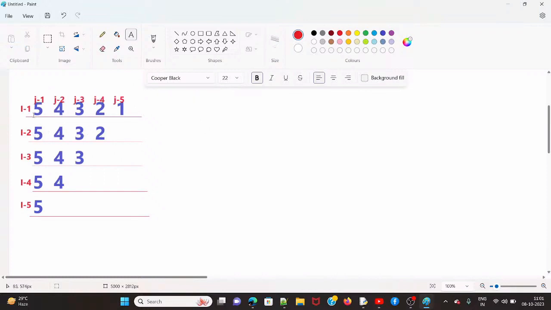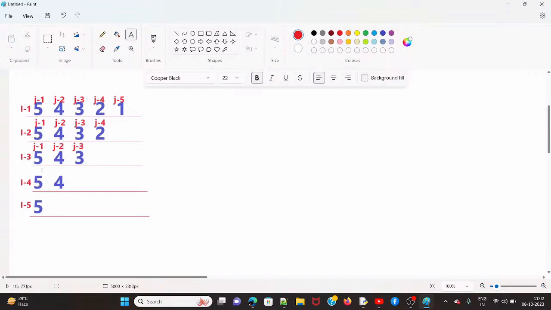Next, when I value 2, how many times is j iterating? j1, j2, j3, and j4. 4 times iterating, guys. Next, when I value 3, how many times? j1, j2, j3. 3 times, guys.